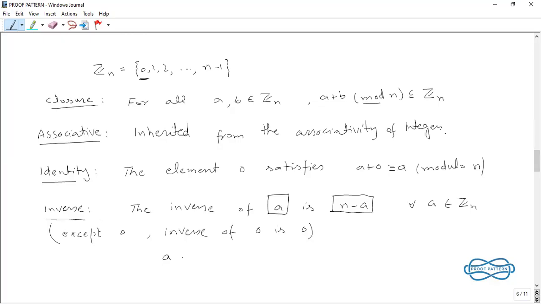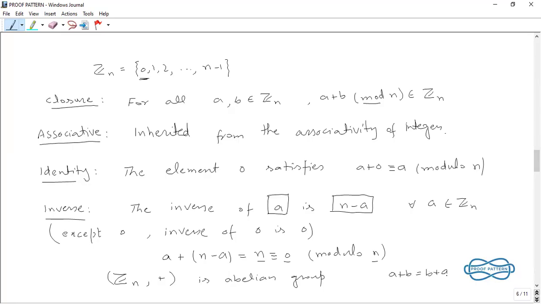If we add these two, we get n, which is congruent to 0 modulo n, because whenever we divide n by n, we get the remainder 0, and 0 is the identity element. So it is clear that Zn is a group under addition, and not only a group, but an abelian group, because a plus b is equal to b plus a mod n.